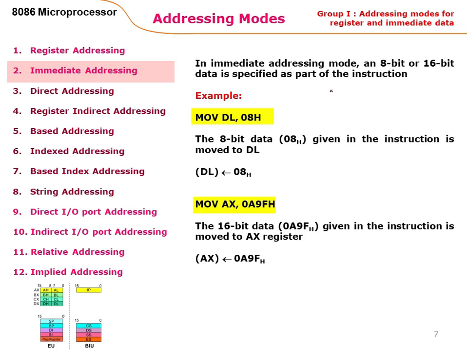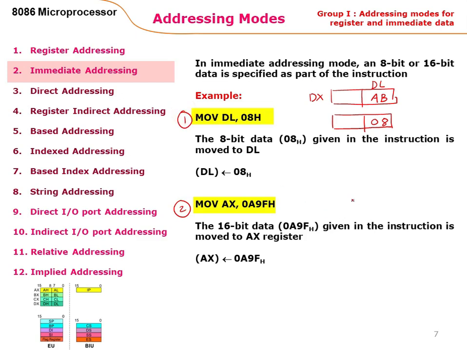Consider the first example. Let's say this is our DX register. DL initially contains this hex value AB. Now after execution of this instruction, the data 08 is directly moved into the DL register. We'll consider the second example.